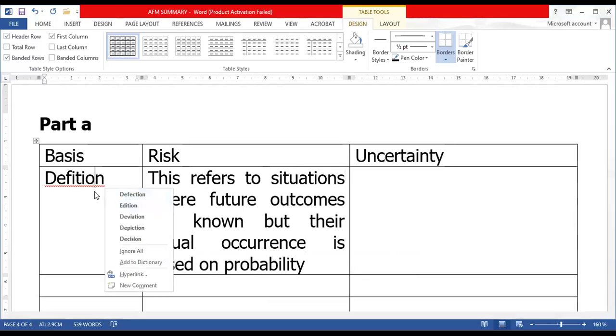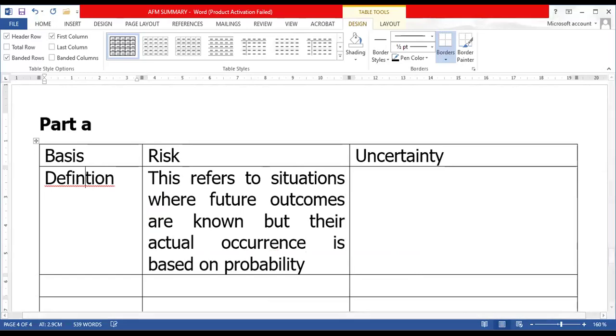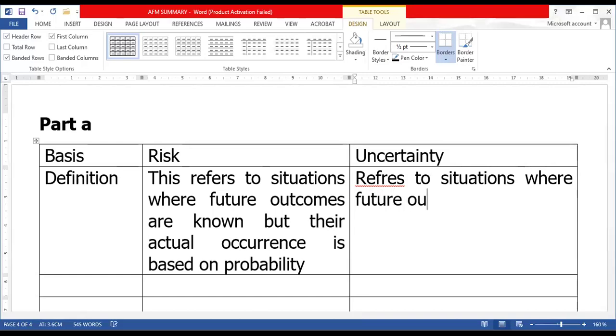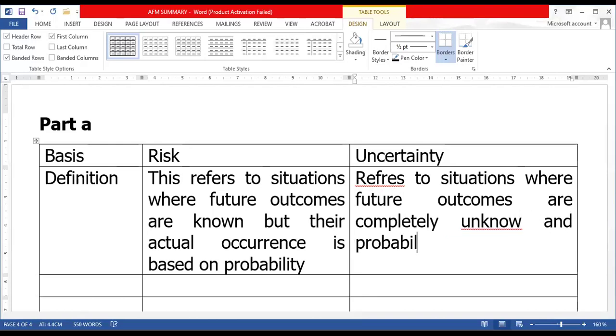What about uncertainty? Uncertainty refers to situations where the future outcomes are completely unknown, and probabilities cannot be assigned.